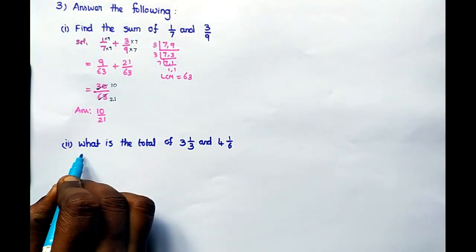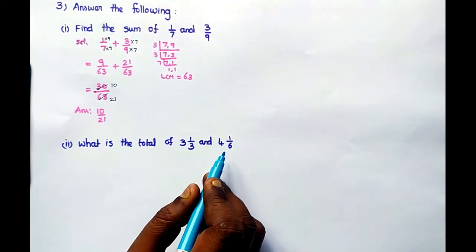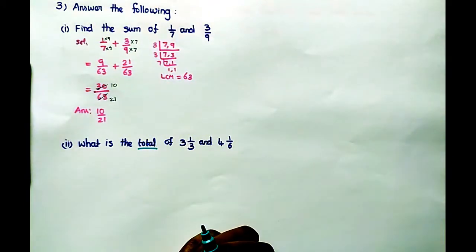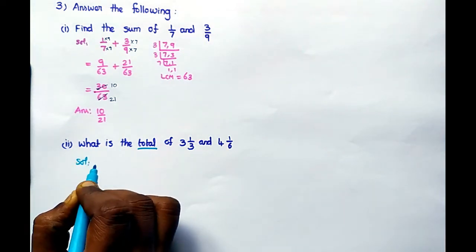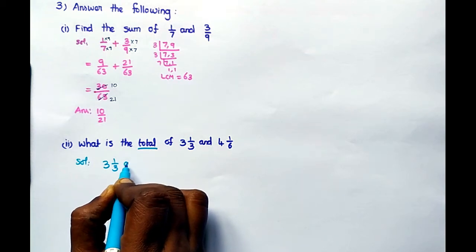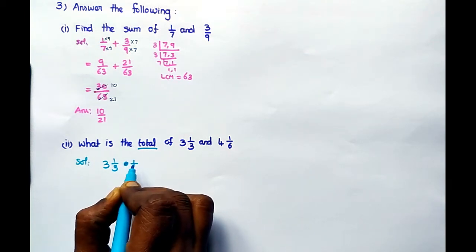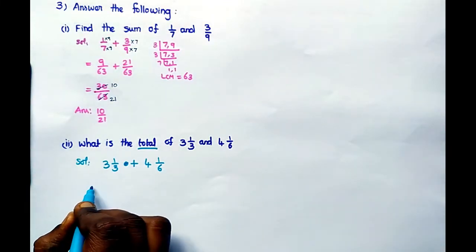Next subdivision, what is the total of 3 1 by 3 and 4 1 by 6? Total or sum, anything, that is addition. So 3 1 by 3 addition, so plus 4 1 by 6.